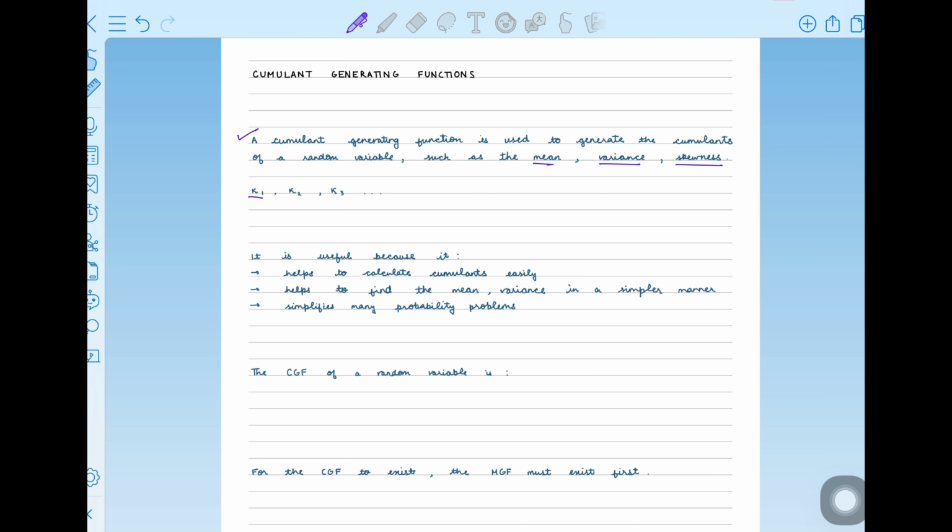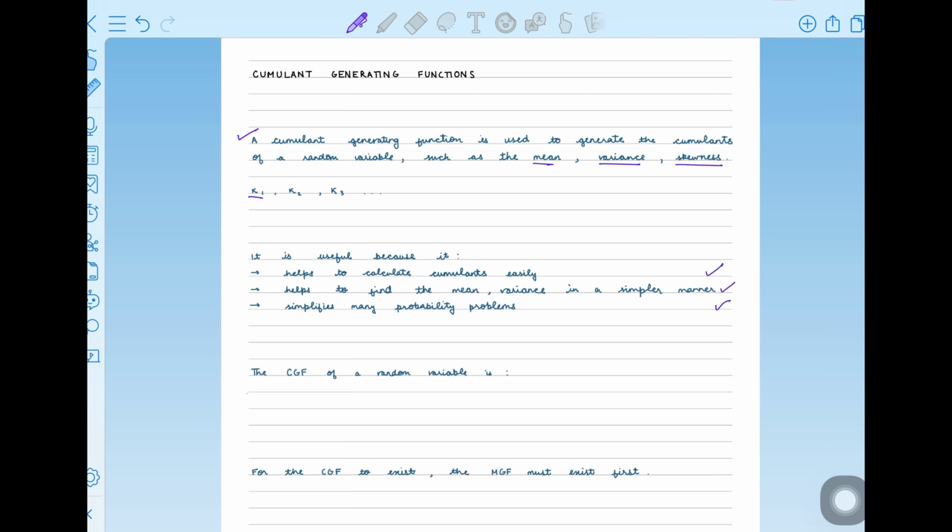The main advantage of cumulants is that many statistical results become simpler when written in terms of cumulants rather than moments. It is useful because it helps us to calculate cumulants easily, it helps us to find the mean and the variance in a simpler manner, and it simplifies many probability problems.